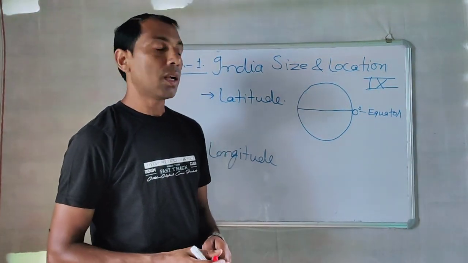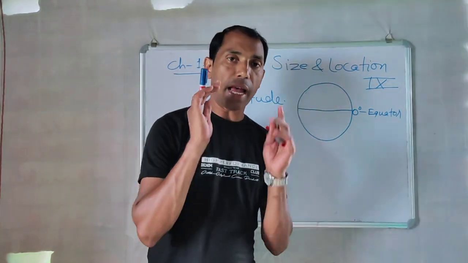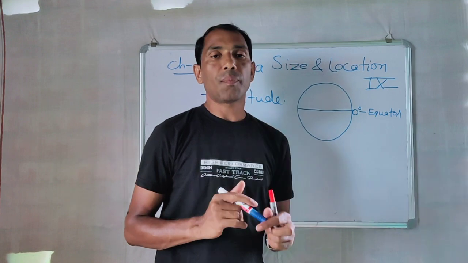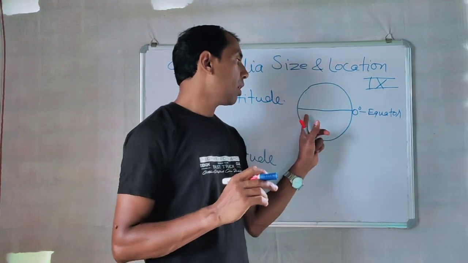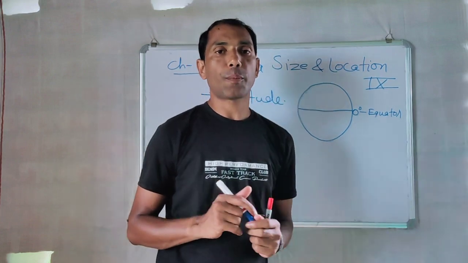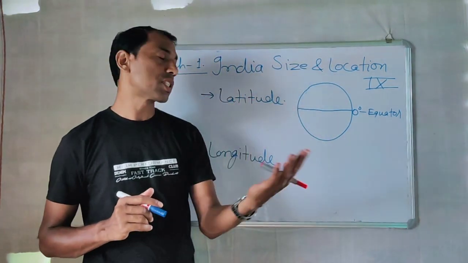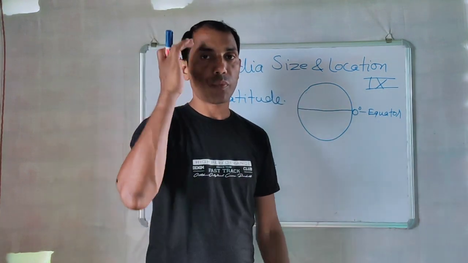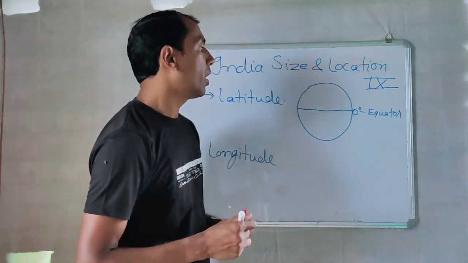What is latitude? Latitude is an imaginary line which is parallel to the equator and makes angular distance from the center of the equator.